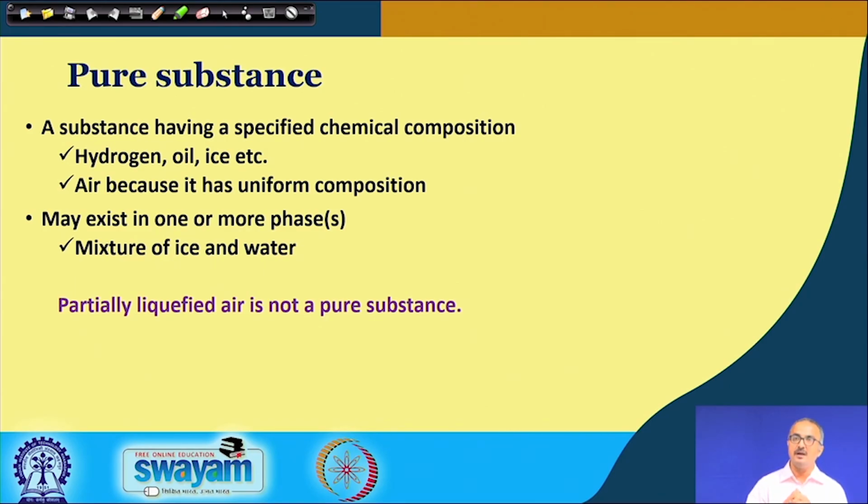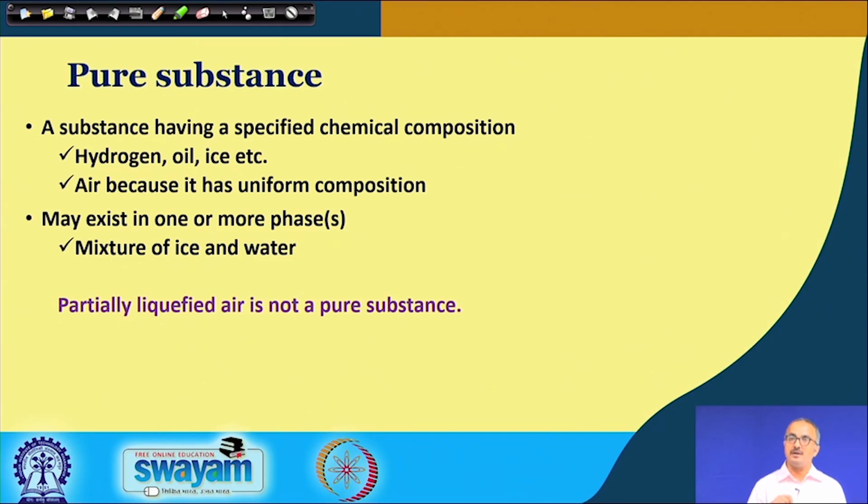Now, in case of air, as you know, air is mainly nitrogen and oxygen, and nitrogen has a lower boiling point than oxygen. So, nitrogen has a tendency to stay in the vapor phase, whereas oxygen has a tendency to go to the liquid phase.